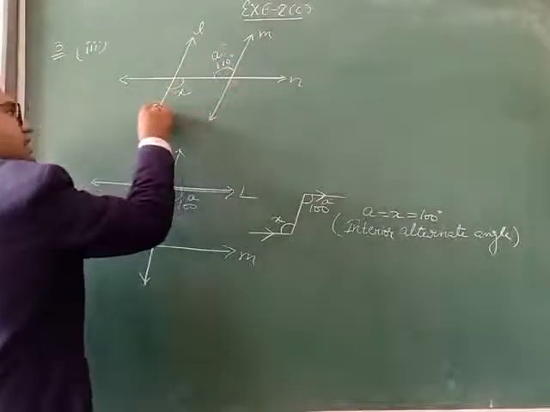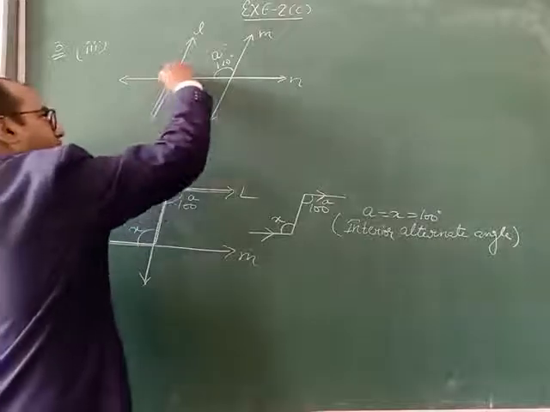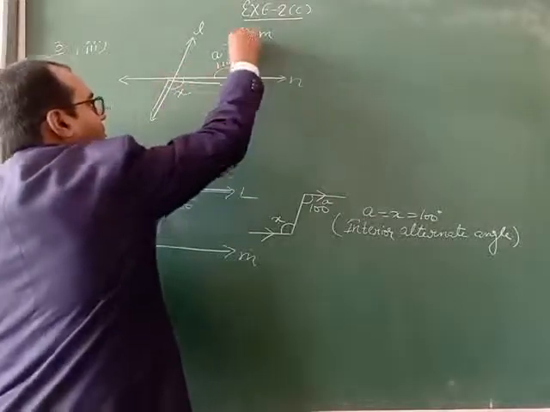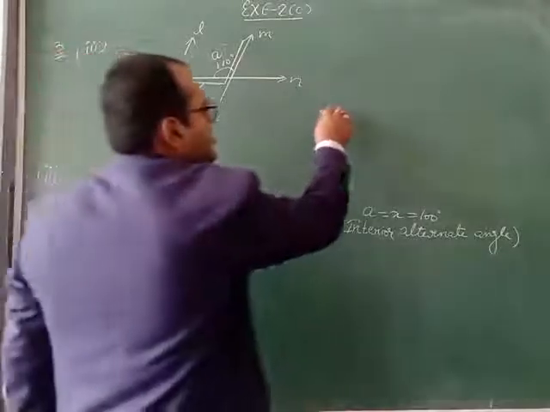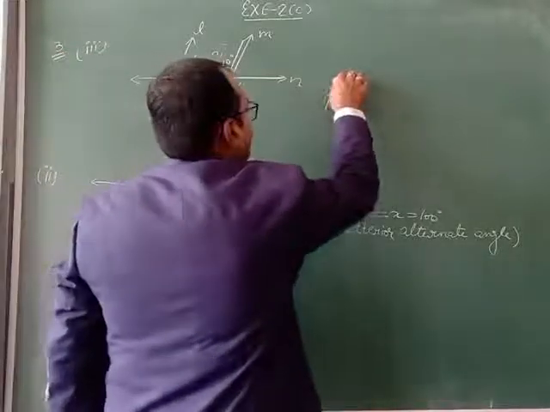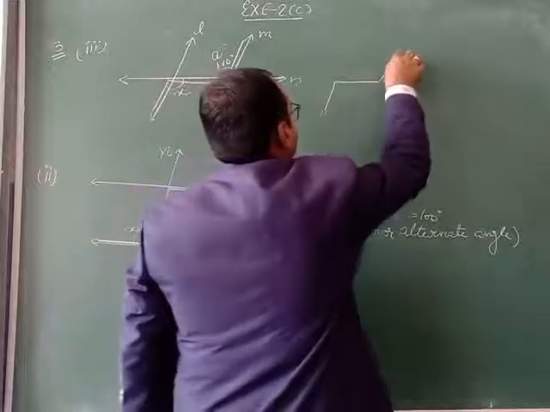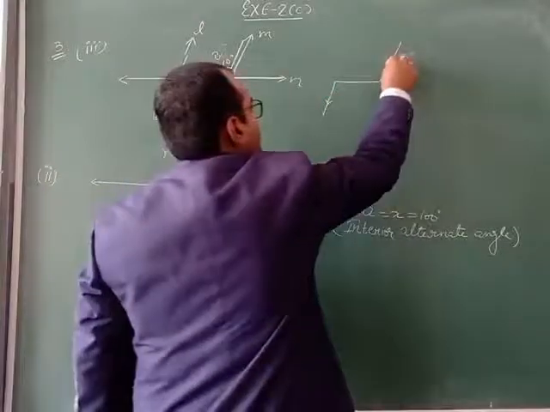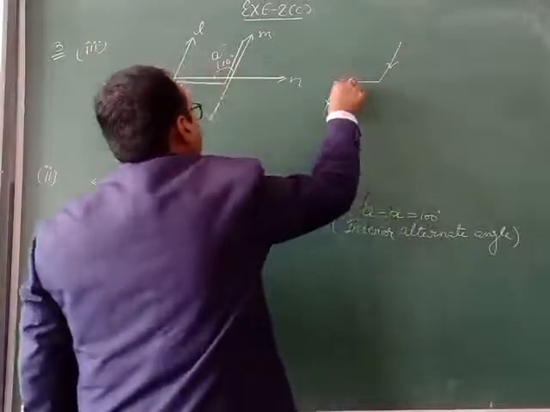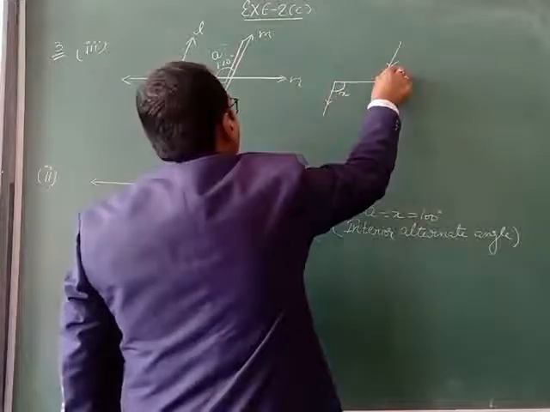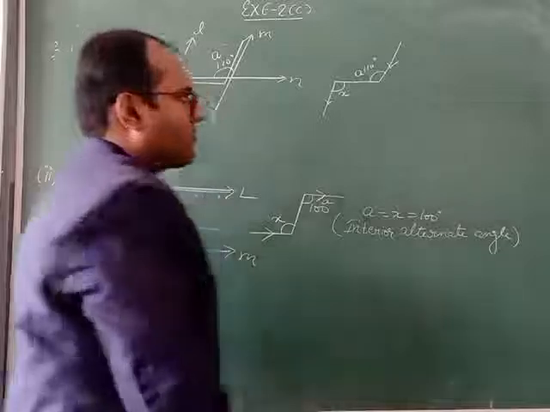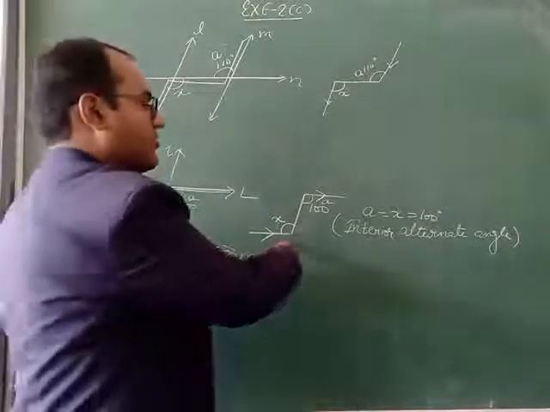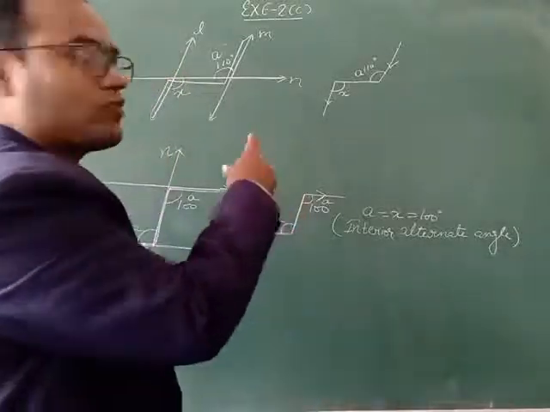Here it is X, here it is 110. First step, we will give one alphabet name here. Let's say this is A. Now these two are parallel lines. Here we will take a Z shape figure. It is somewhat looking like a Z shape. Here it is X. Here it is A, 110. So what we will do, Z shape figure, I told you if a Z shape figure will be there, then we have to take them equal.